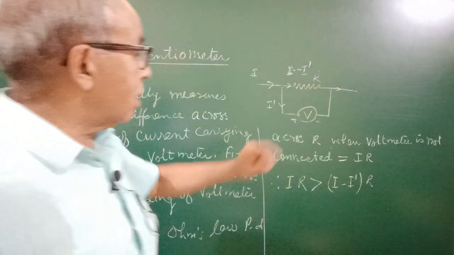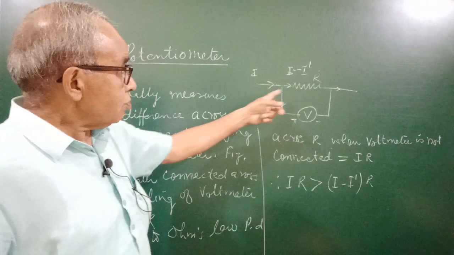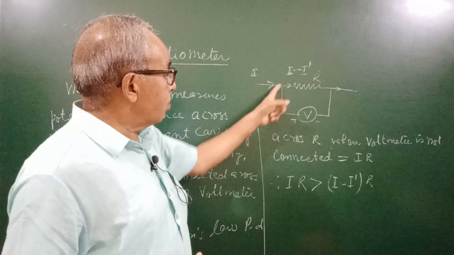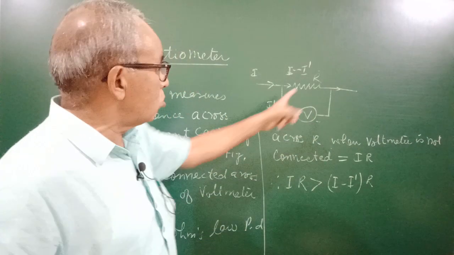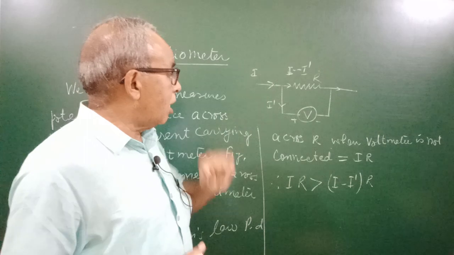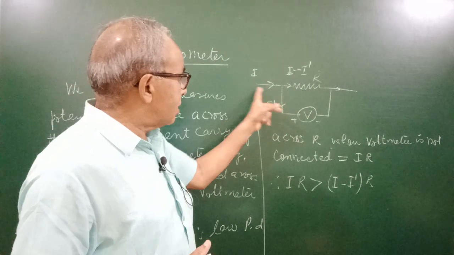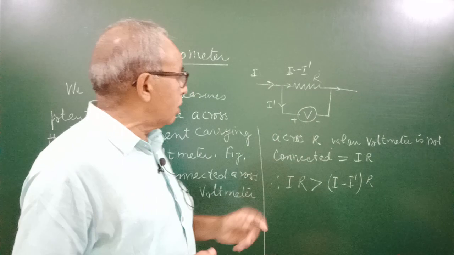I have drawn a diagram here. I is the current, and R the resistance, when we connect a voltmeter across the conductor of resistance R. When we connect it, some current I dash is taken by the voltmeter.